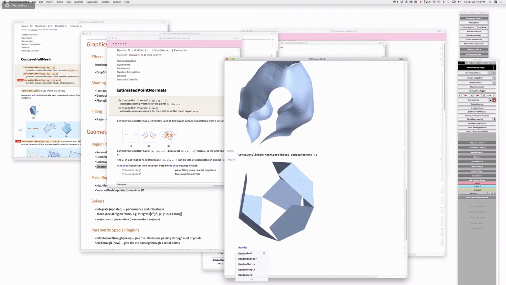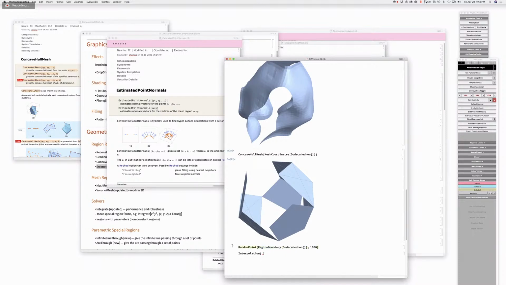So okay, you can do random points. Let's say the boundary region for the dodecahedron. Sample the boundary, not the interior, so you get the surface. So how do I do that? Region boundary, dodecahedron, and now sample.